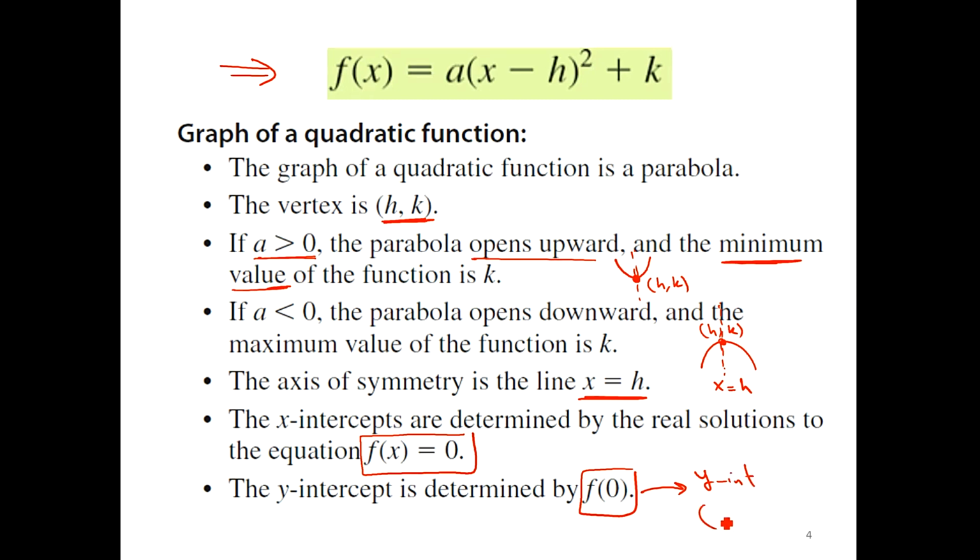Y-intercept means x is 0, and we need to find f of 0. But if we need to find the x-intercept, the value of f of x equals 0, and we need to find the value of x that makes f of x equal 0.